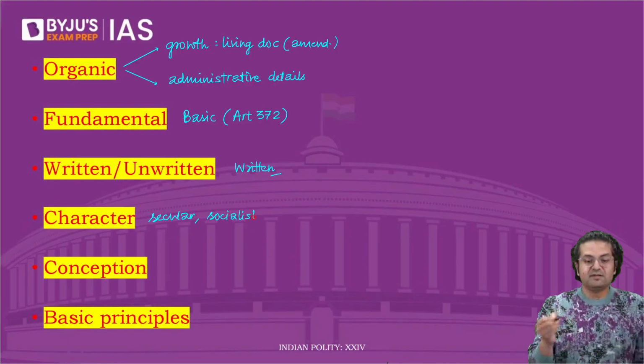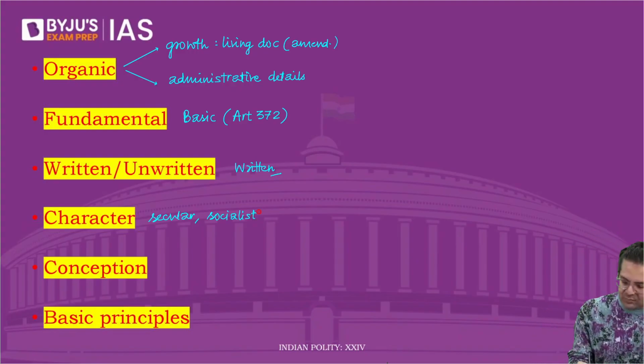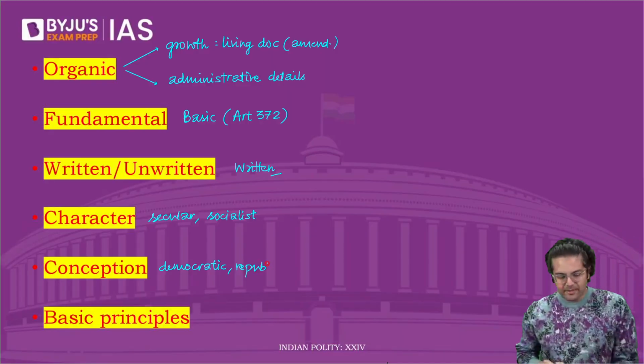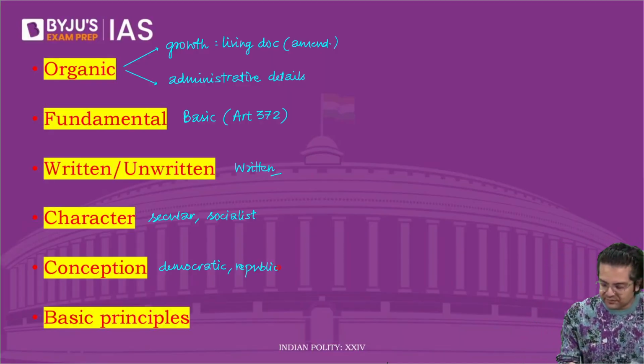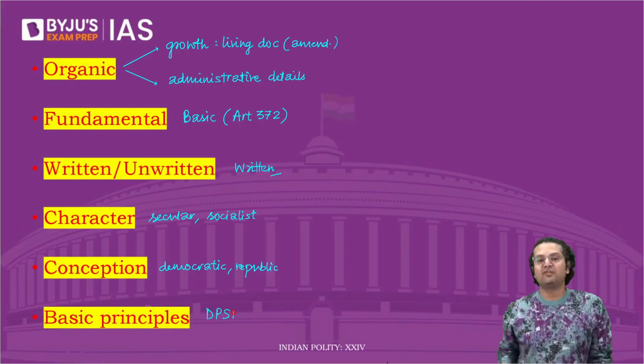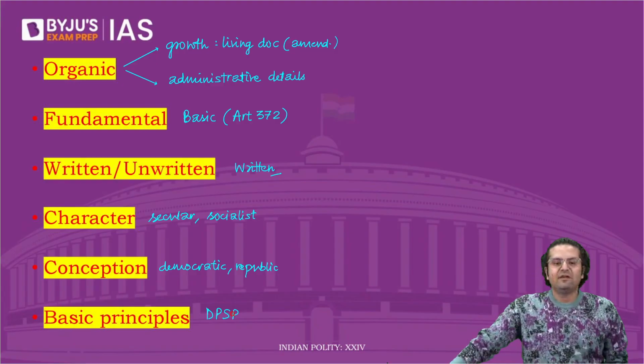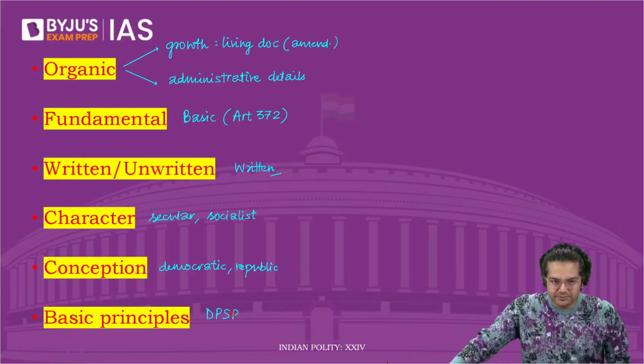Then conception. How is the government conceived? Democratic, republic. Basic principles, DPSP, are those basic principles to which our internal life is conformed.